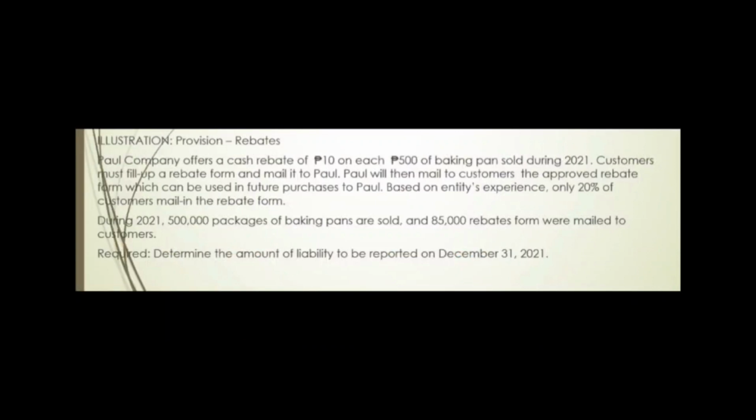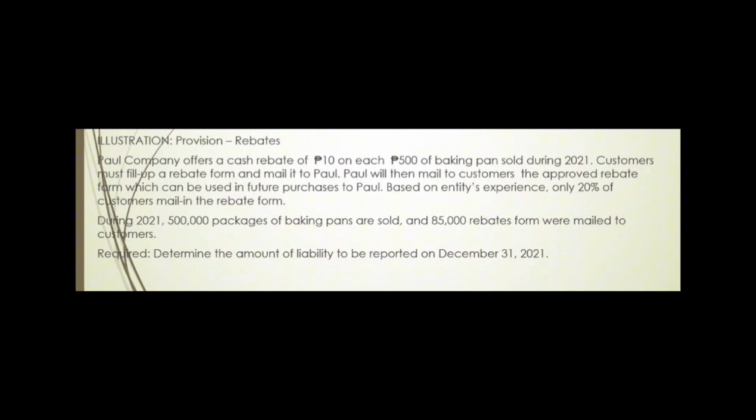Next, for the rebates, Paul Company offers a cash rebate of 10 pesos on each 500 of baking pans sold during 2021. Customers must fill up a rebate form and mail it to Paul. Paul will then mail to customers the approved rebate form which can be used in future purchases from Paul.